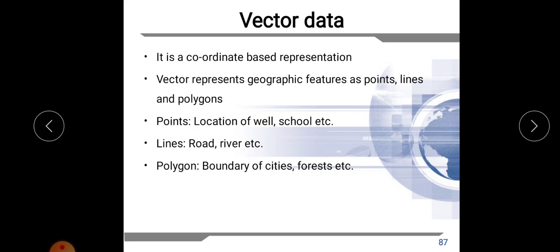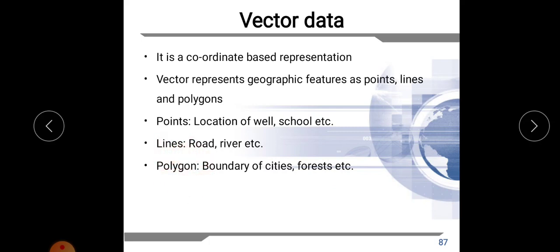And if we want to represent some road network or river, etc., we can represent these as a line. And some features have an area, such as boundaries of cities, forest, some lake, etc. So it can be represented as a polygon.